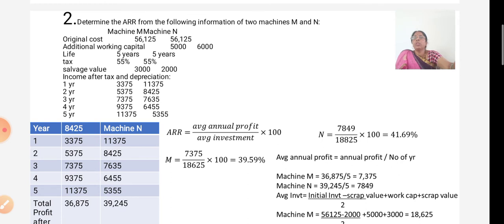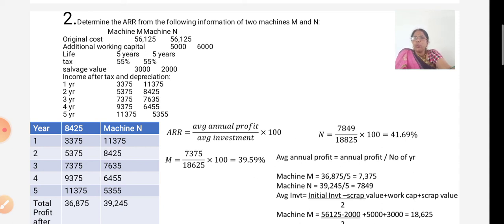Now we'll go for the calculation. Here are the cash inflows for machine M and machine N, for years 1, 2, 3, 4, 5. For machine M the cash inflows are 3,375, 5,375, 7,375, 9,375 and 11,375. For machine N we have 11,375, 8,425, 7,635, 6,455 and 5,355.